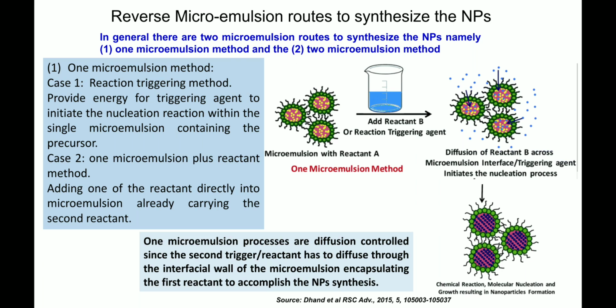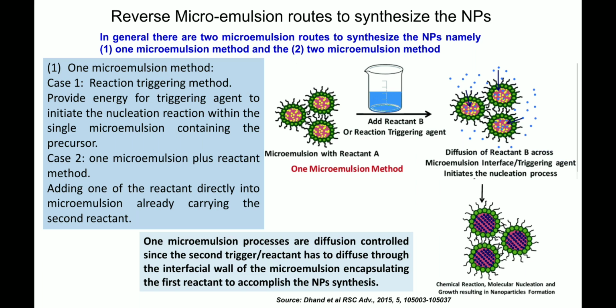The first is called the 1 microemulsion method, and the second is called the 2 microemulsion method, just to differentiate the two processes.